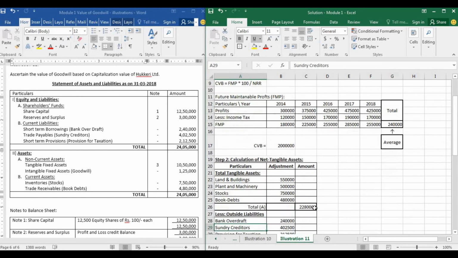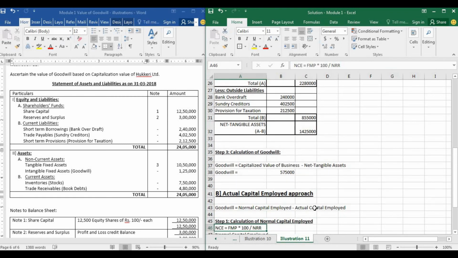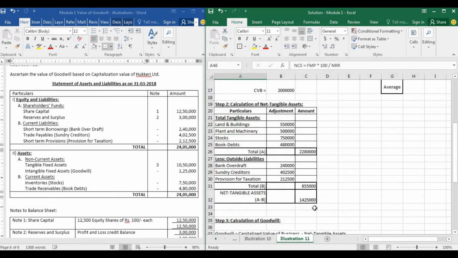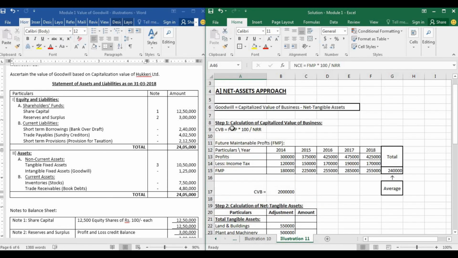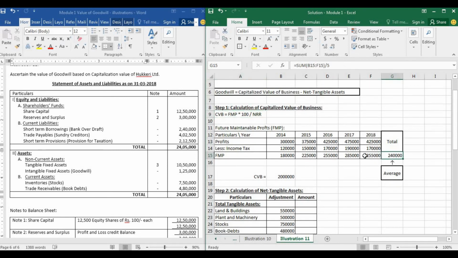Now we will calculate using actual capital employed approach or liabilities approach. The formula for calculating goodwill under this approach is normal capital employed minus actual capital employed, NCE minus ACE. The formula to calculate NCE is FMP into 100 divided by NRR. This formula is similar to the one here, so we are going to take the FMP from here itself.